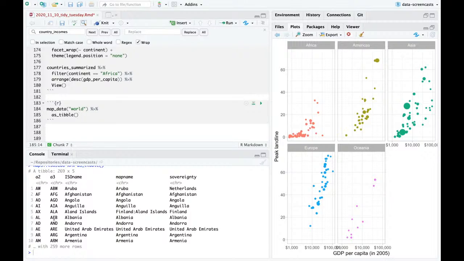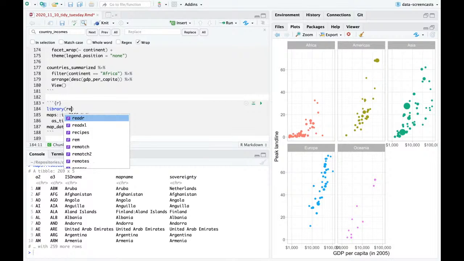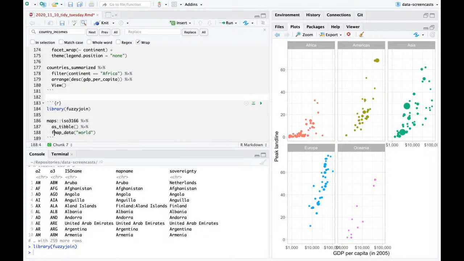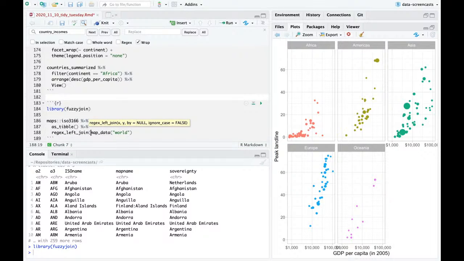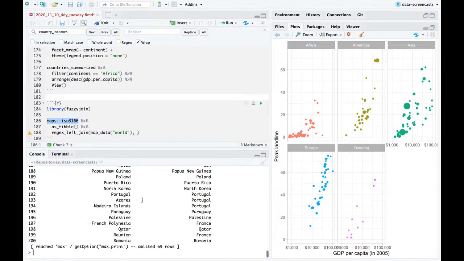So let me think through this quickly. Yes, what I'm going to need to do is say maps ISO 3166, and say as tibble, sure. And do a regex, and bring in the fuzzy join package. And this is my little lightning round at the end. Regex left join, where I join the region on the map to the map name.